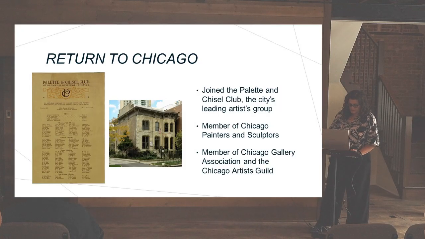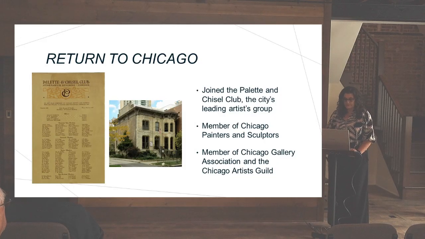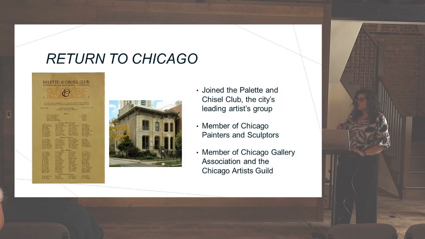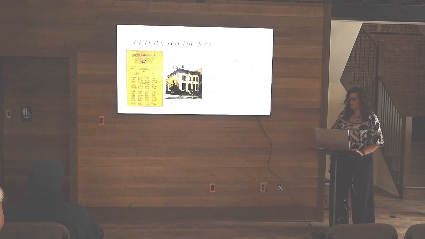These projects, typically executed in oil on canvas on large murals or large panels, were designed for prominence in public buildings, reflecting his ability to scale intimate techniques into monumental formats. So we're going to take a look at a number of his murals.